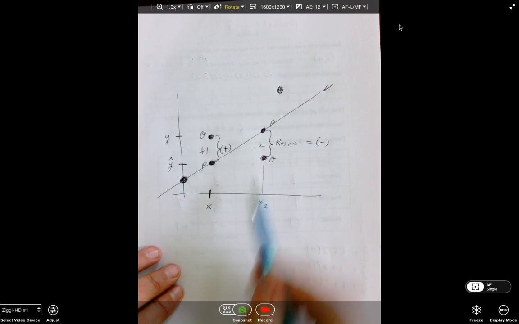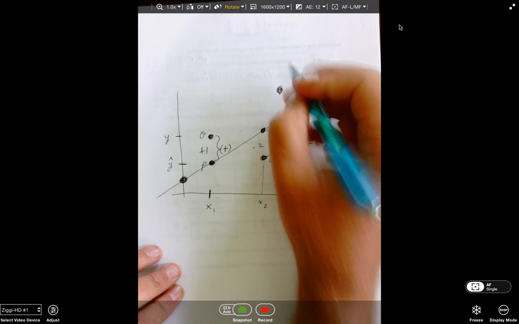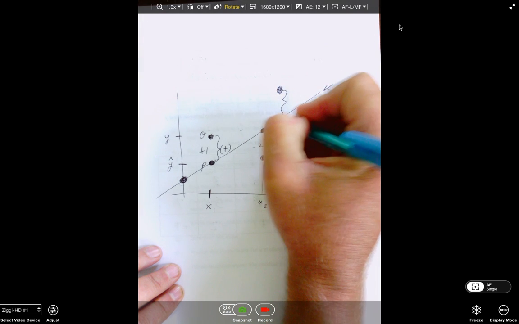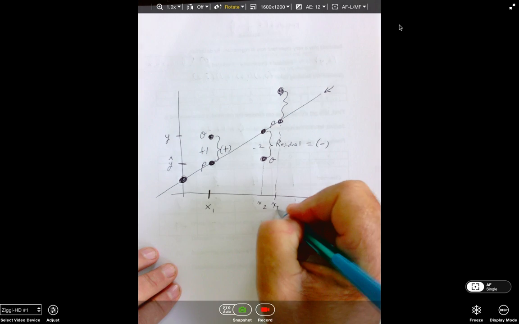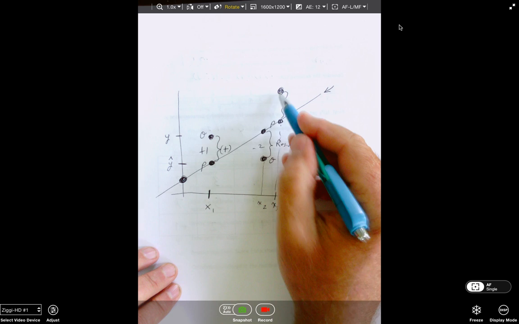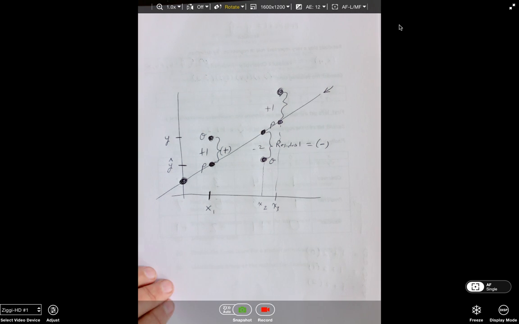This one was minus 2 because the observed value was 2 units below the predicted. And for this X value right here, we'll just call that X3, the observed value was 1 unit above the predicted, so its residual was plus 1.